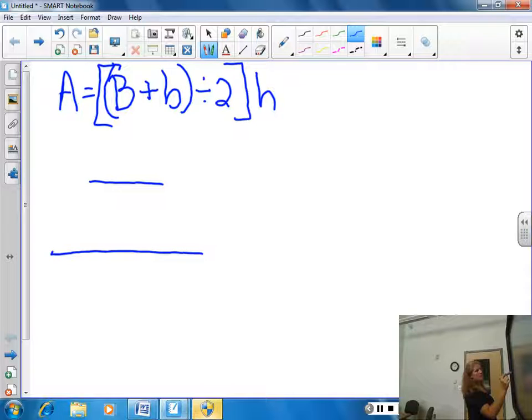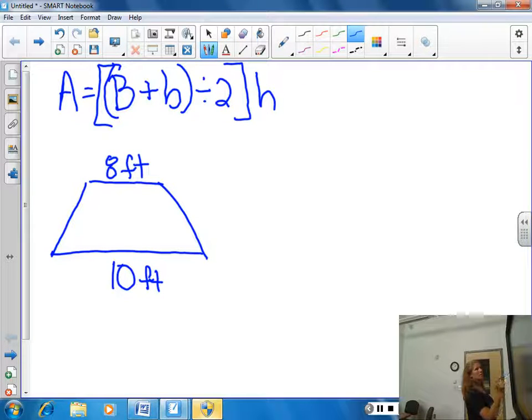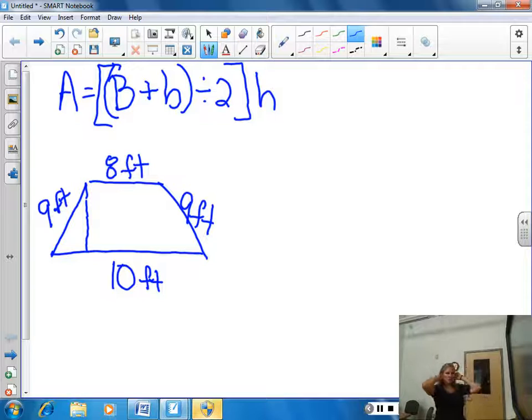So let's say that I have 10 feet, and up here I've got 8 feet, and on the side I've got 9 feet, and then I also have, remember, this imaginary line coming down, and that's going to be, I'll make that 8 feet also.